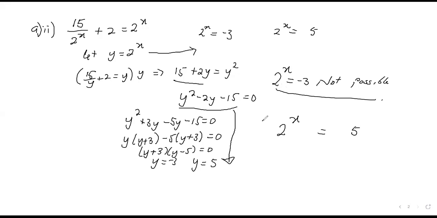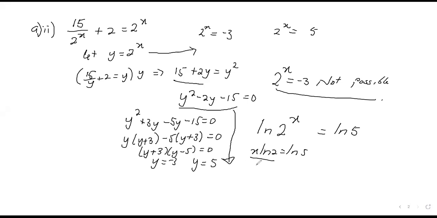We can apply ln on both sides. Using the property of dropping the power, we drop the x from being the power to being the coefficient, and then we'll have x ln 2 equals ln 5.